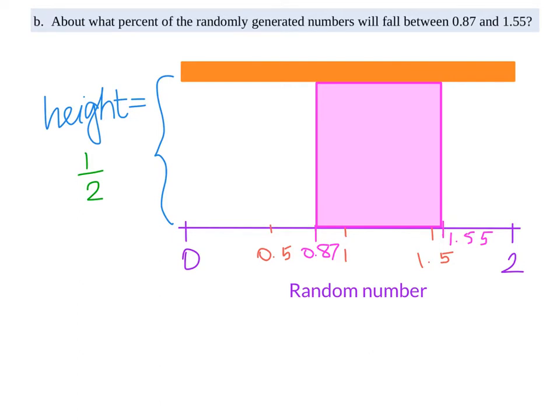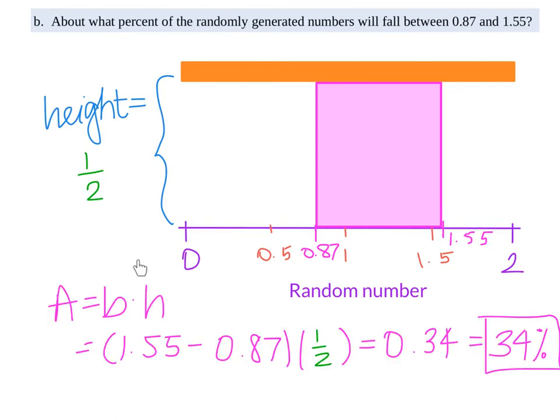Of course, this is not drawn to scale, but I cut this in half to find 1, and cut it in half again to find about 0.5 and 1.5. This pink rectangle here is from 0.87 to 1.55. So let's find the area of this pinkish rectangle.